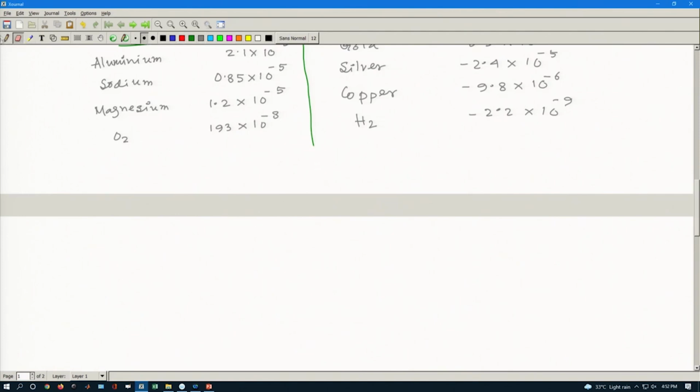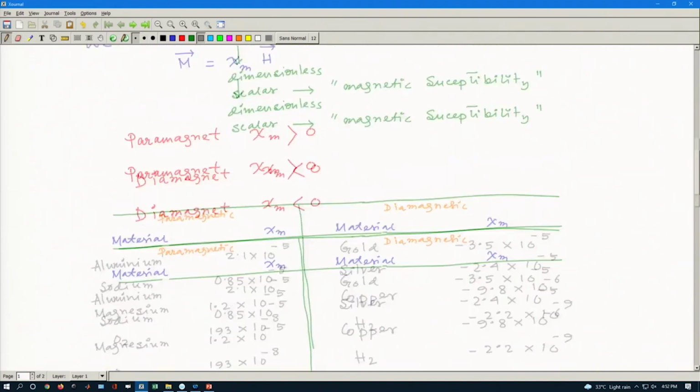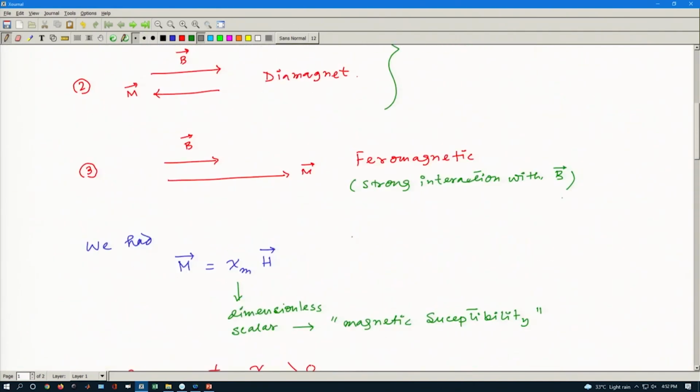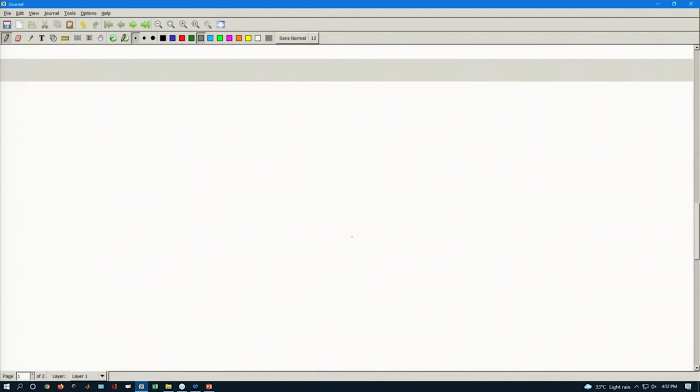Okay. Now, we will concentrate more on the most important material here, that is the ferromagnetic, and we will discuss it in detail. So, let us write it here. Ferromagnetic is an interesting material.